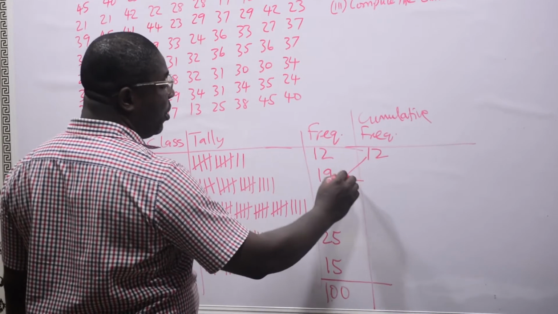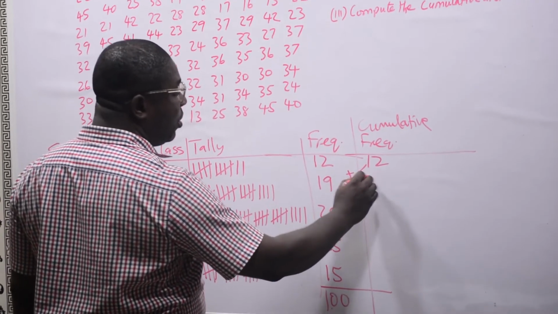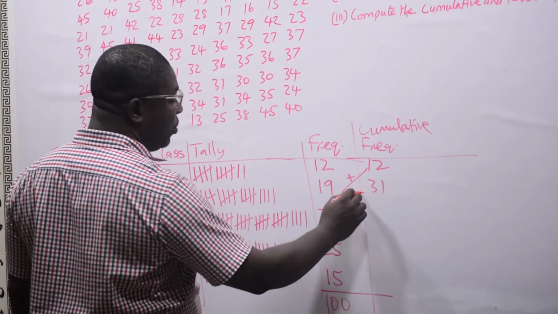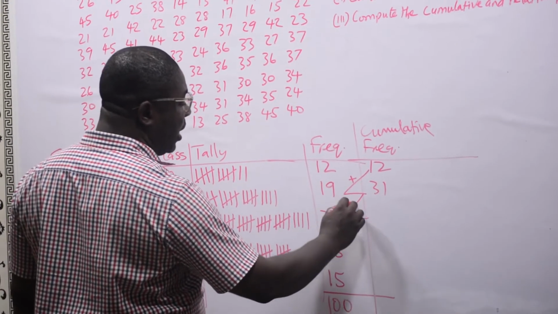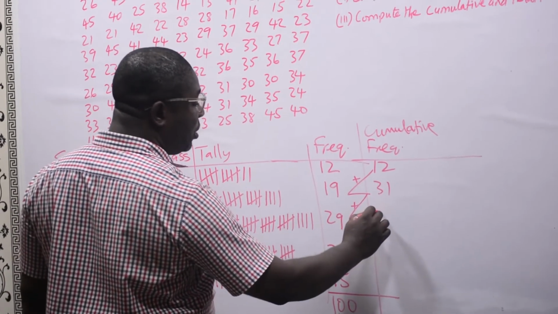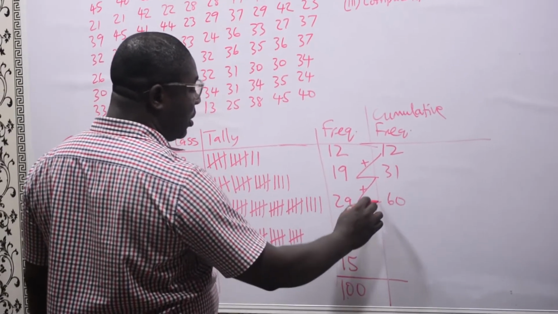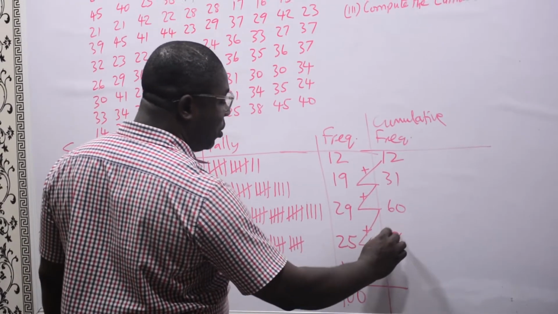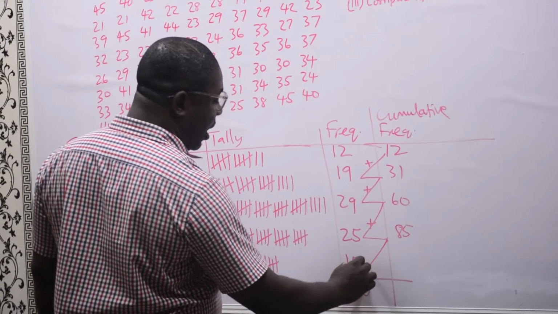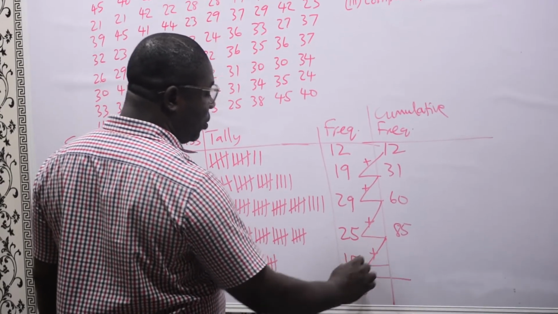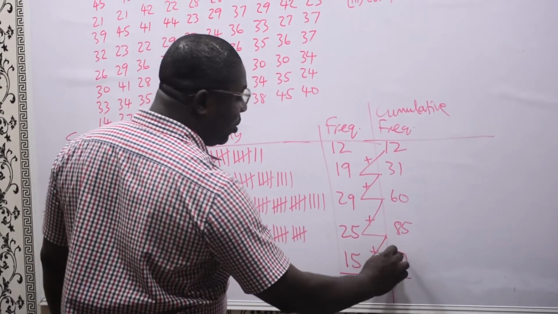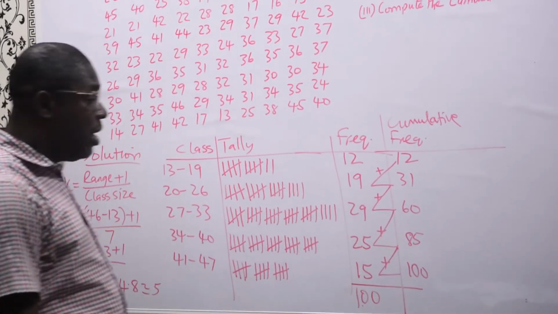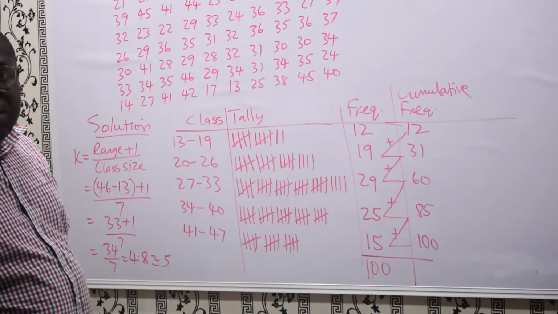Let me draw my arrow here. Plus 19 will give us 31. And 31 plus 29 will give us 60. Okay, 60 plus 25 will give us 85, and 85 plus 15 will give us 100. Just follow along. Thank you.